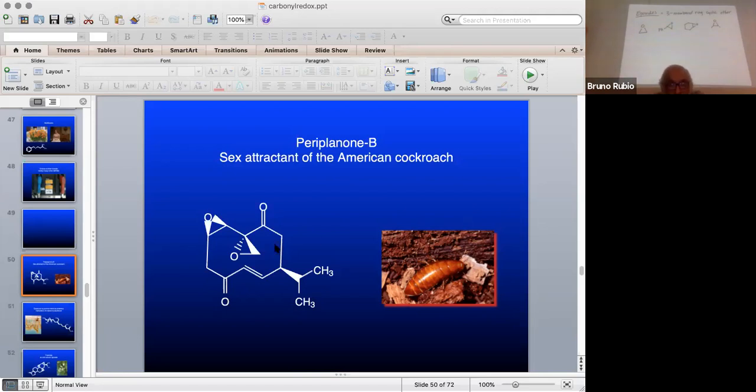And that glue is impregnated with this synthetically created, lab-created periplanone B. This is the compound that is emitted by the sexually receptive female cockroach. It can be detected in parts per billion concentration by the male cockroach.